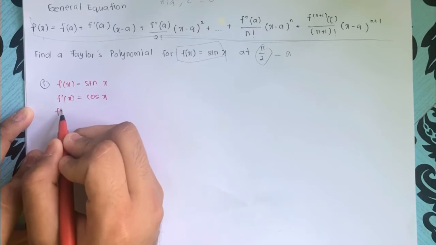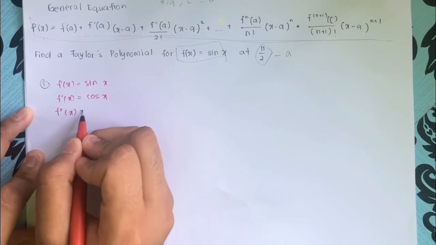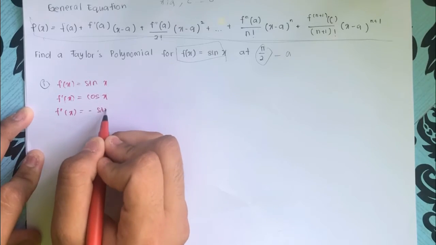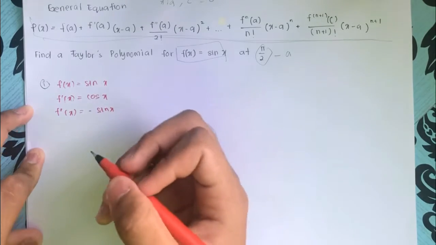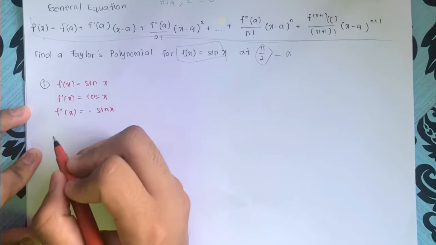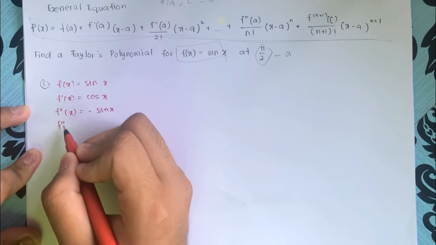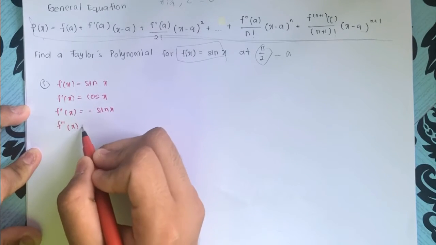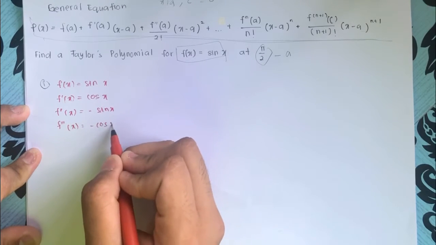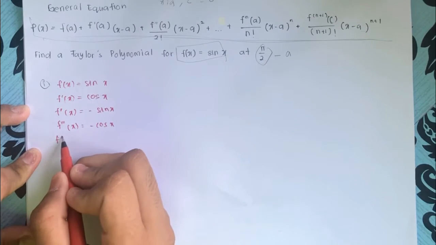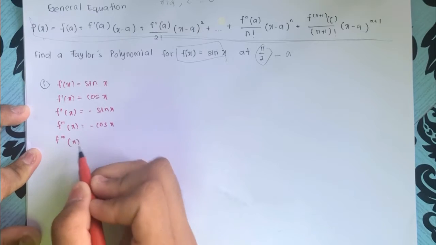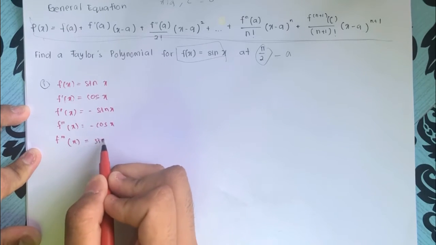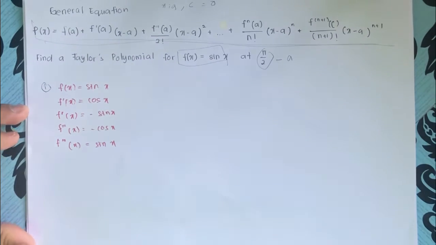The second derivative, we will get minus sine x. The third derivative, we will get minus cos x. And the fourth one, we will get sine x again. Alright, this is the very first step you need to do.